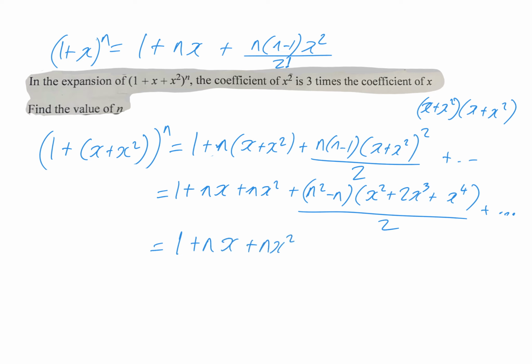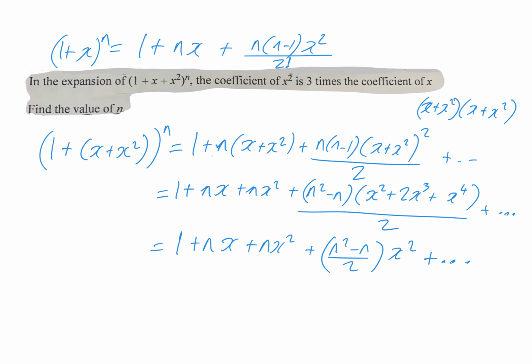So when multiplying out this next bit, we just need the n squared minus n times this. We can forget about these two, thankfully. So you're just going to have n squared minus n all over 2, multiplying my x squared. The rest of it we couldn't care less about because it is beyond our x squared.